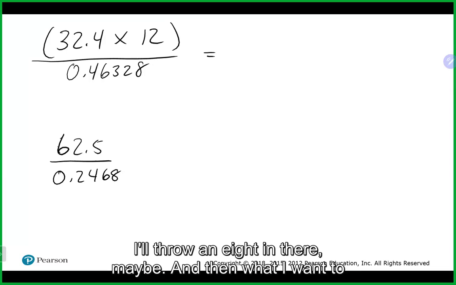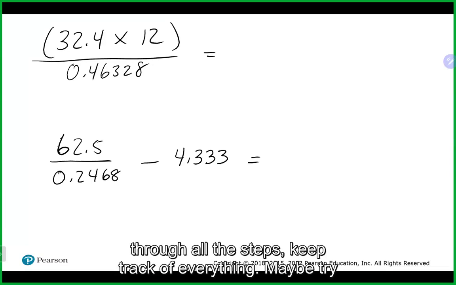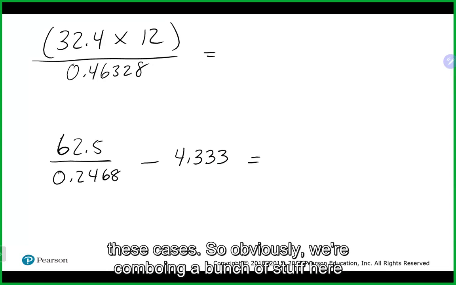And then what I want to do is subtract 4.333 from it. All right, so go through all the steps, keep track of everything, maybe try not to round until the end, and see what you come up with in each of these cases.